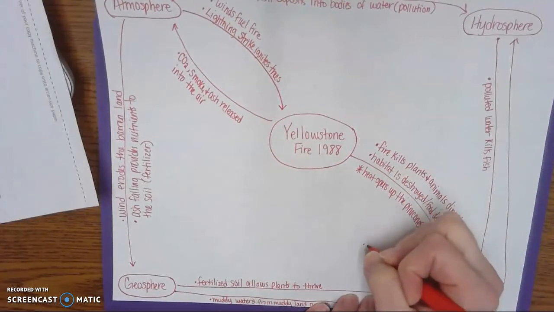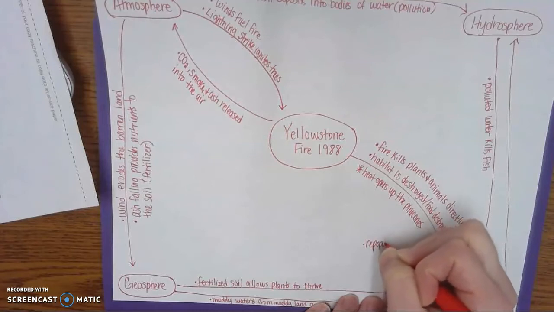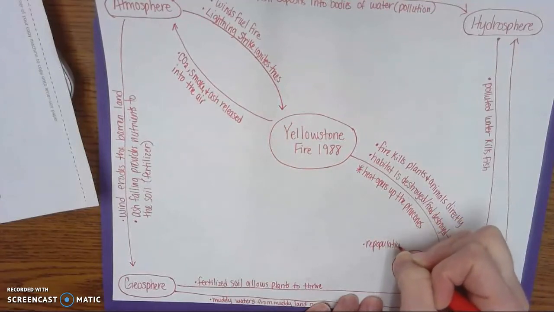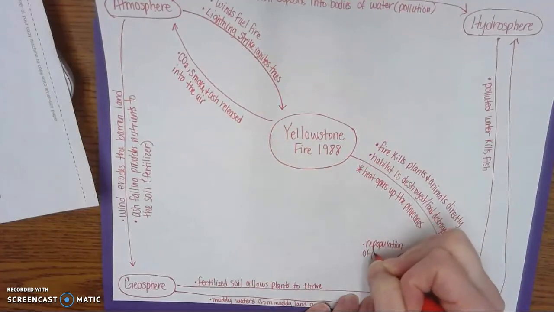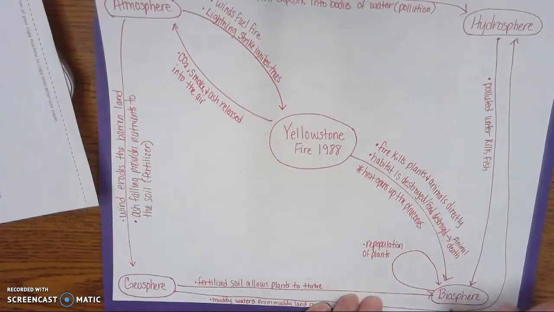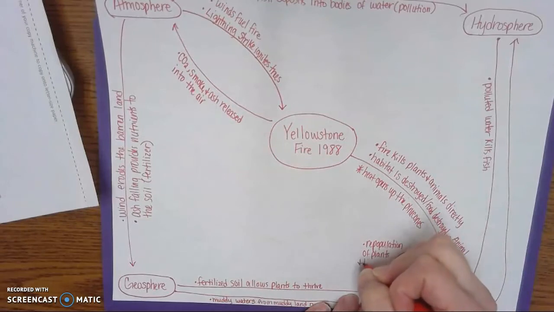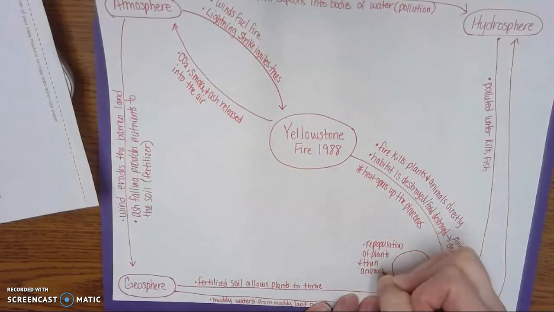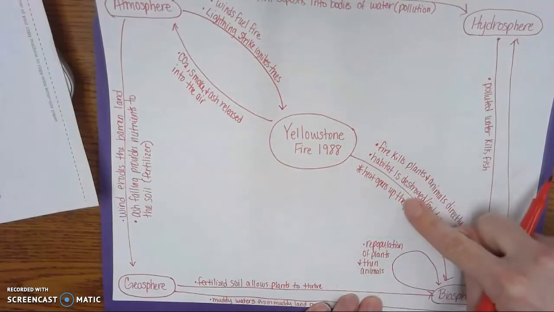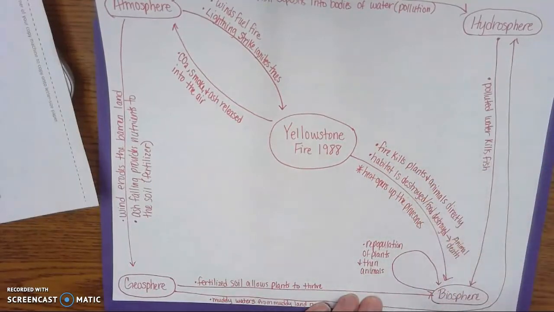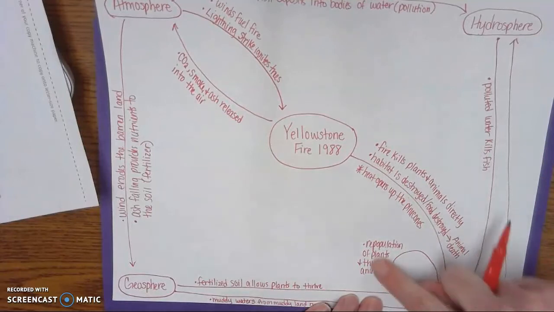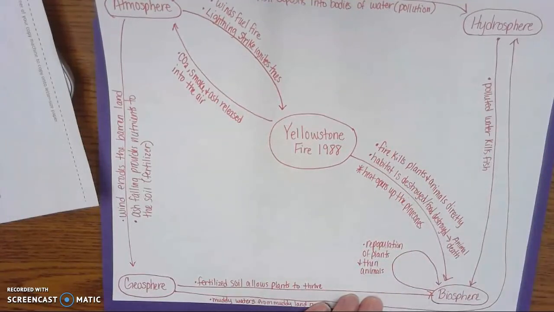And so you're getting repopulation of the plants, which will then allow the animals, because the animals are going to start moving back in because they have new habitats coming back and their food is coming back. So now you're getting this repopulation coming in.